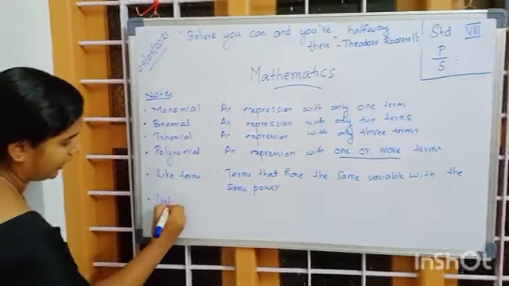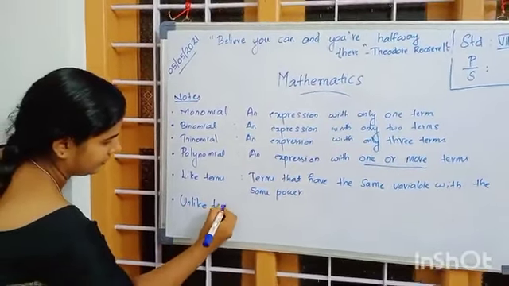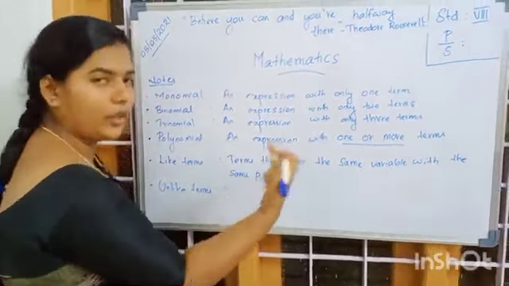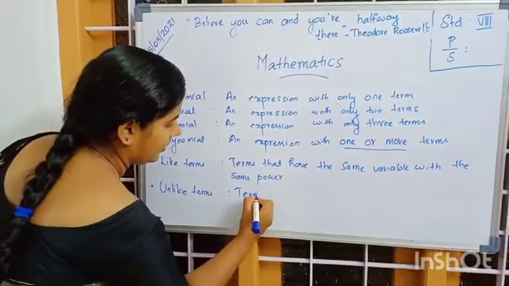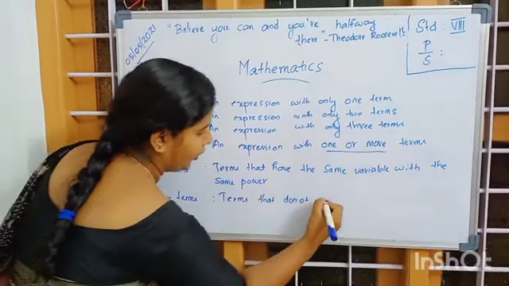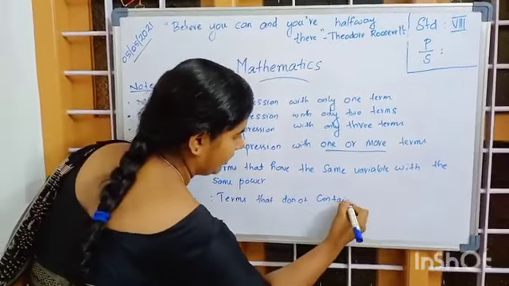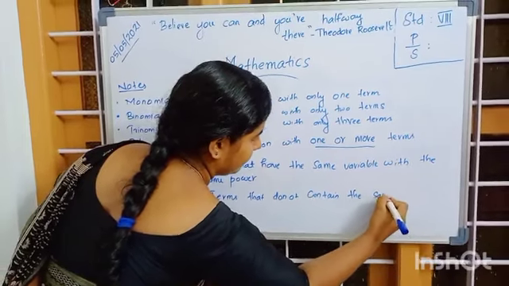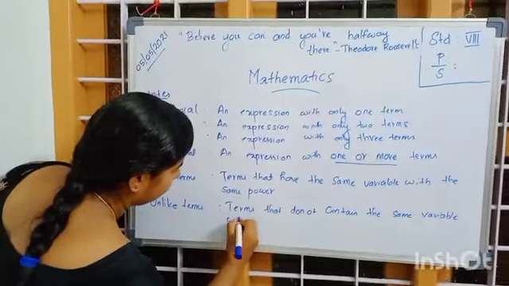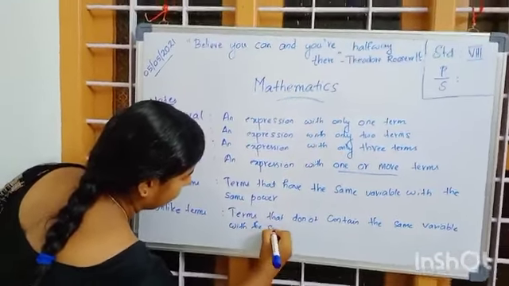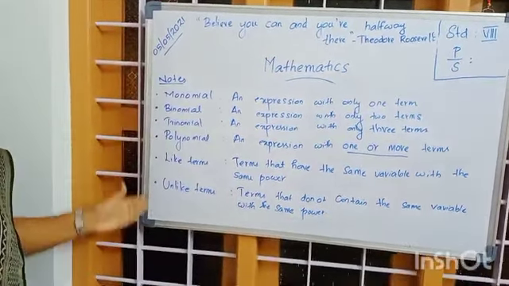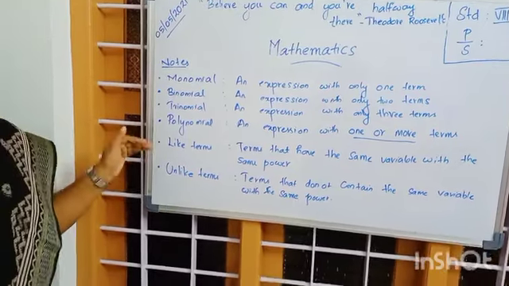And unlike terms are, yes, terms that do not have the same or that do not contain. So you can write terms that do not contain or do not have the same variable with the same power. So these are the 6 concepts that we have learned in this class.